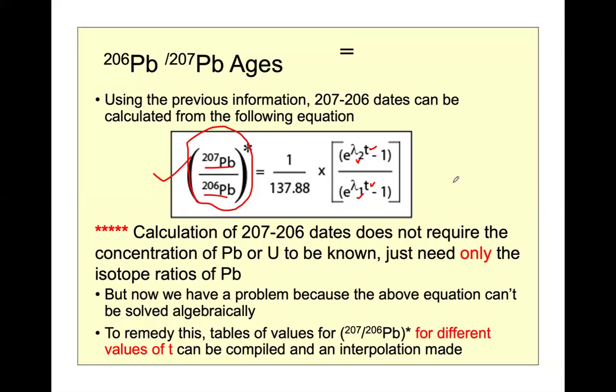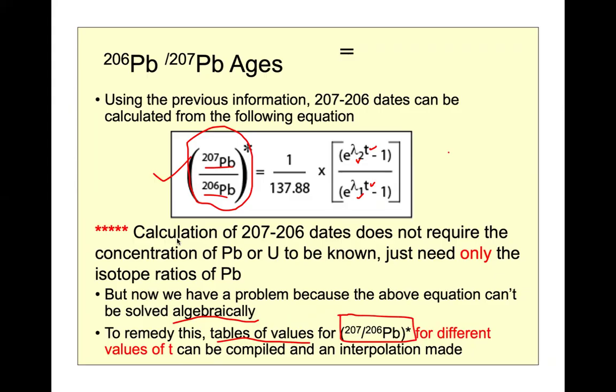For that, first we need to formulate a table, right? First, we want to make a table, because you can clearly see that an algebraic solution is not available for this one, as there are two unknowns, right? So we make a table, right? Make a table with what? We take these values for different values of t, right? For different values of t, you can make these values, right?